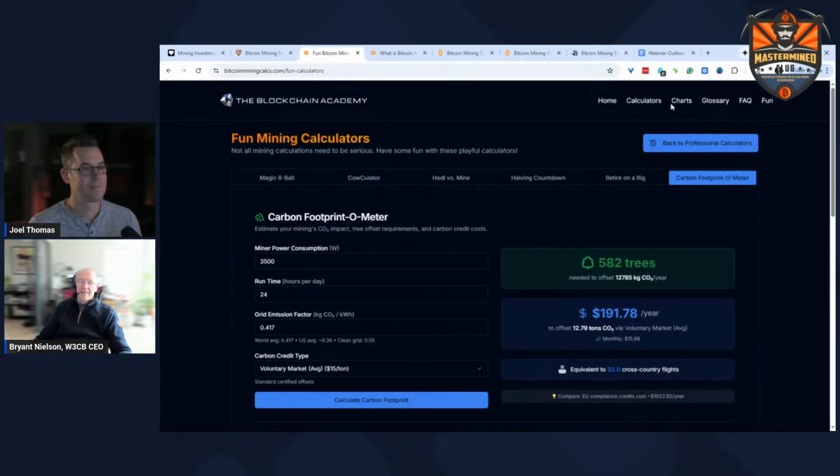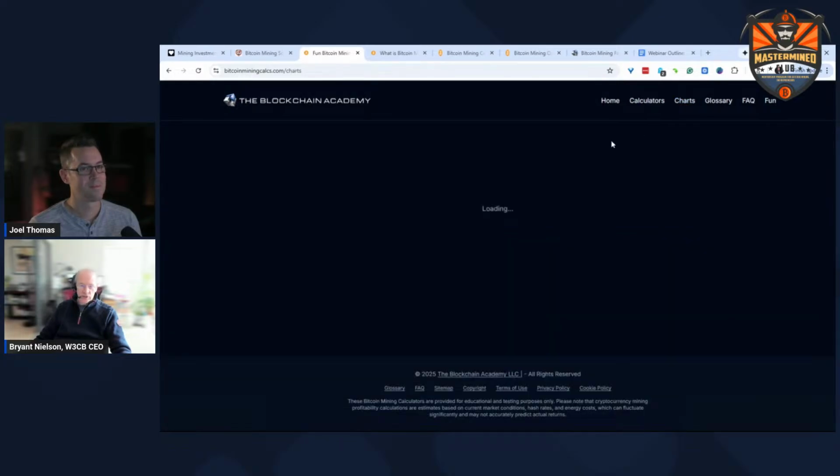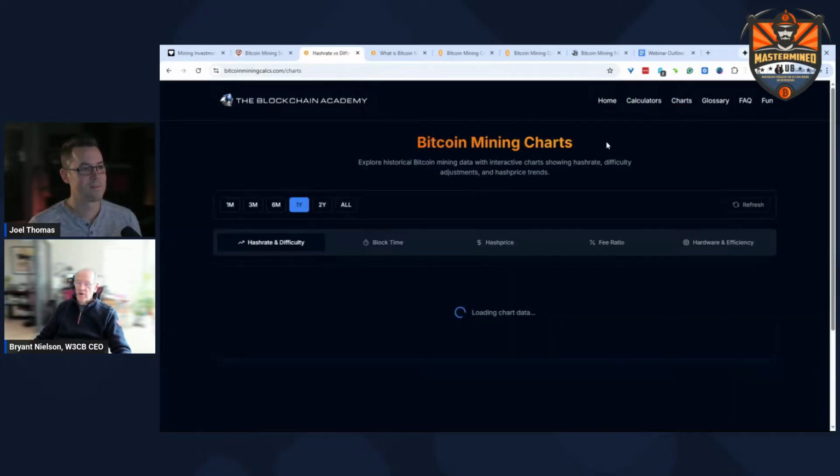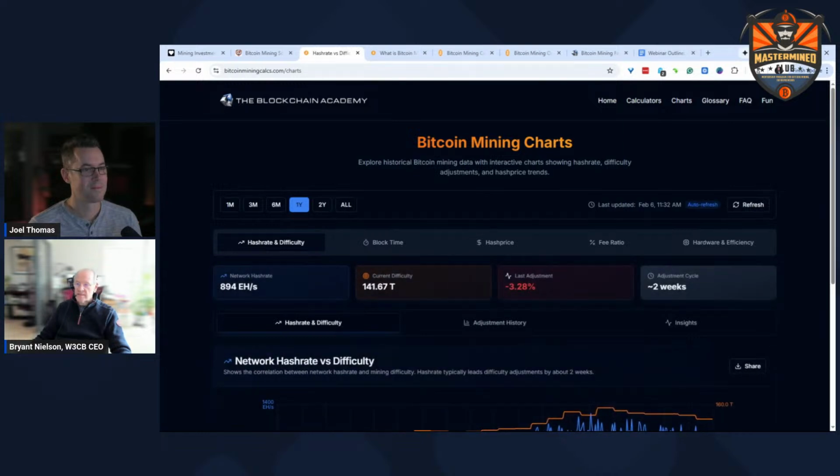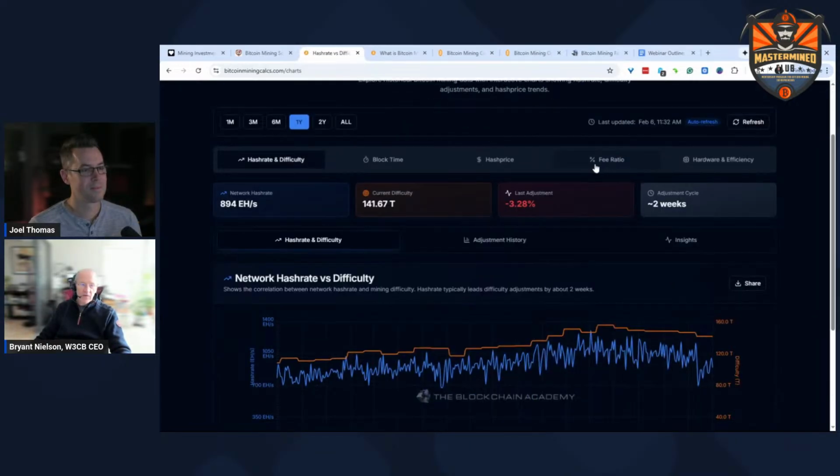Those are fun, but now I really want to get you some serious tools here, and these are the charts. We spent a lot of time building these out because this is the information that Bitcoin miners absolutely have to know, for example, what is the hash rate difficulty?